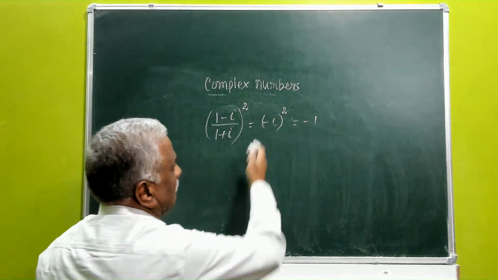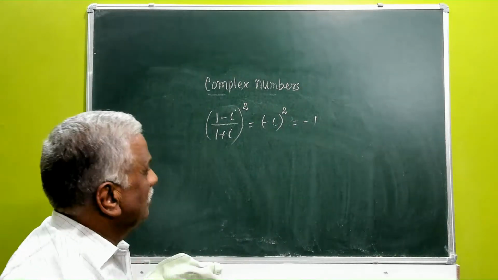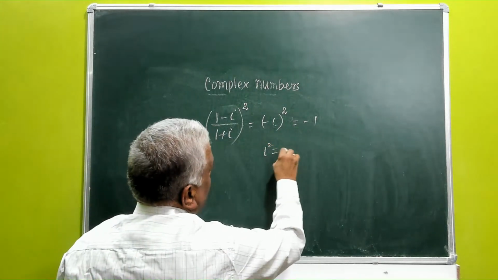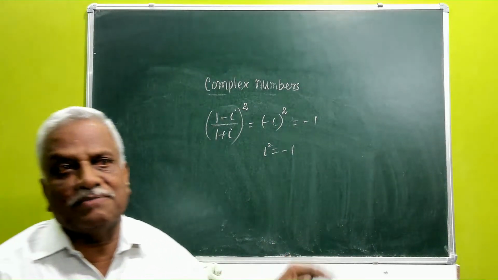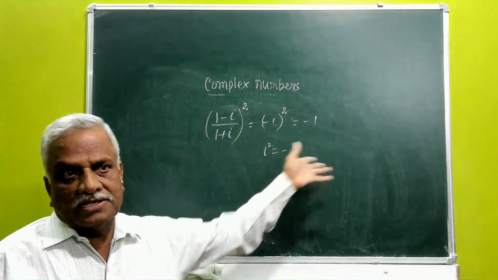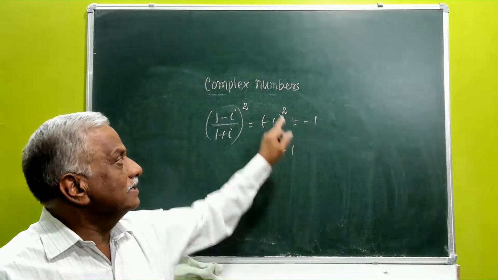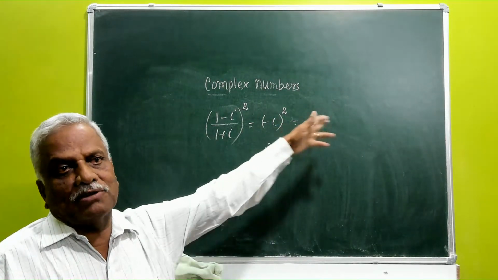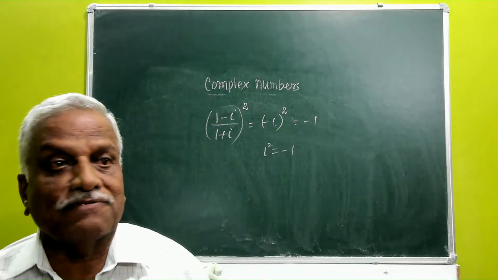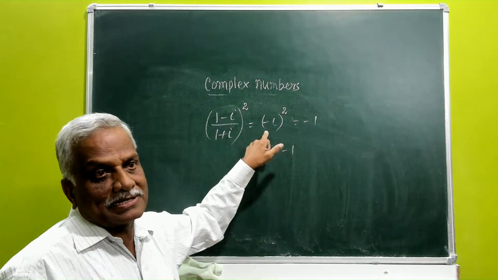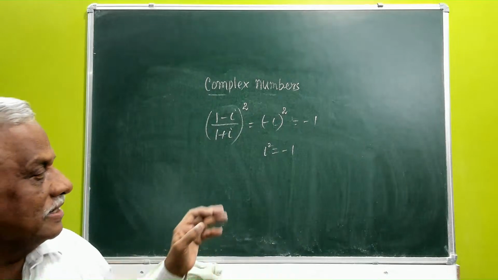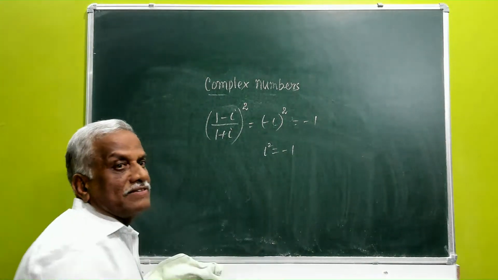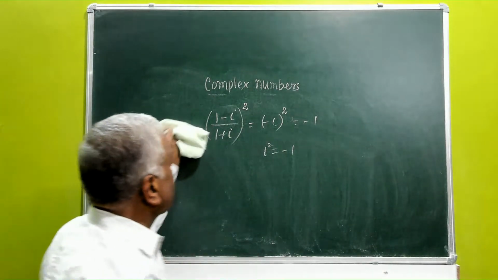Why? When you square it, the minus sign will go, you will get i square. i square is minus 1. See, why this problem is given in the examination is, in a hurry, a student may take the answer as plus, because when the power is an even number, the minus sign will become plus. Definitely, the minus sign will become plus, but you are getting i square, and i square is minus 1. And invariably, they would have given answers plus 1, minus 1, 0, something like that.